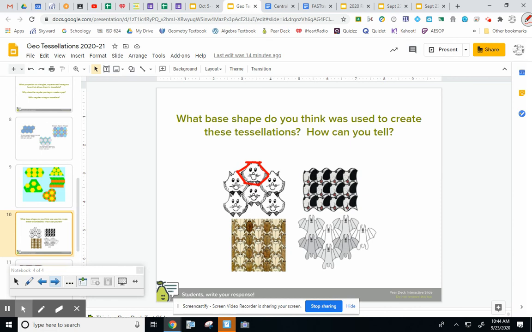Okay, we see all like the points there. Okay, looking at the dog, hopefully you said square. Looking at the bottom two, very similar because they are both with a hexagon. You can see like the bat wing has like those lines.